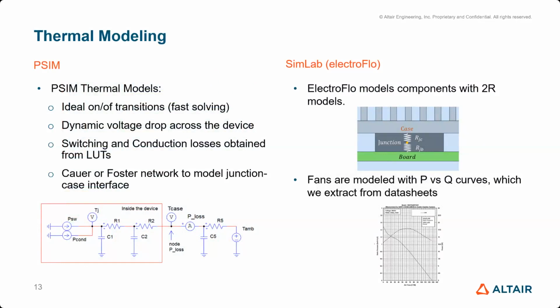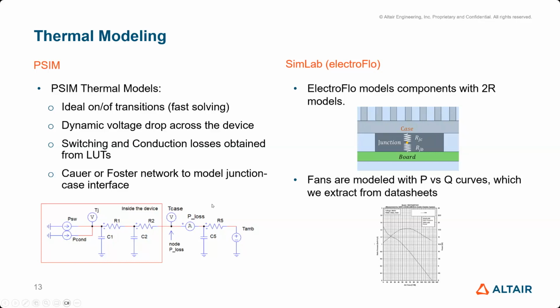And the voltage drop across these devices is updated so that we can keep calculating accurate losses. And these losses, both switching and conduction, are calculated from lookup tables, an array of lookup tables, as we'll see in a couple of minutes, and they are properly scaled and take into account a lot of conditions within the circuit.